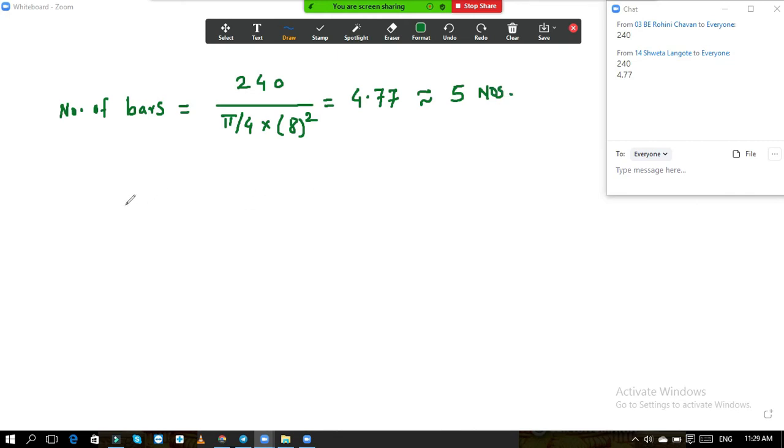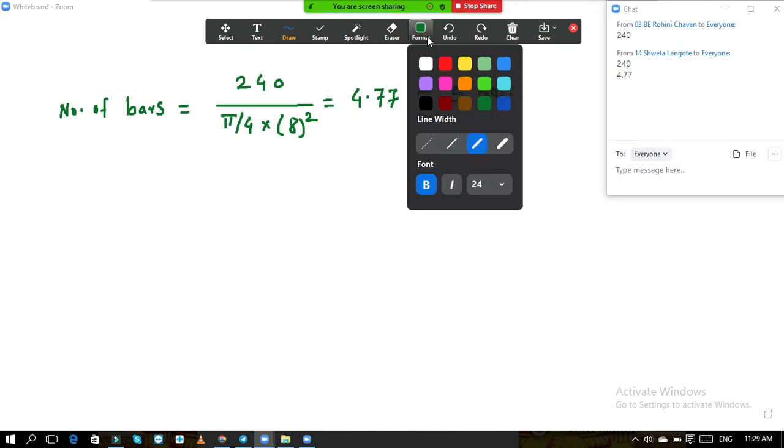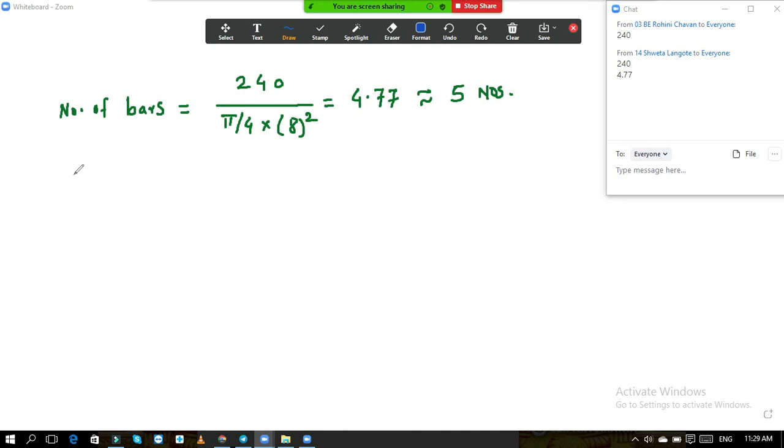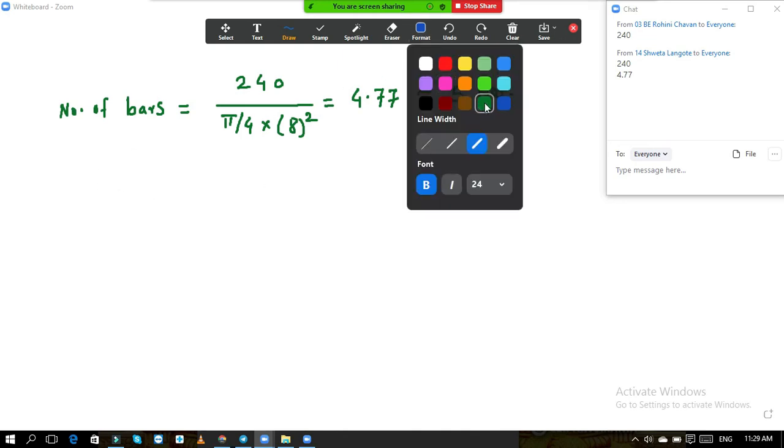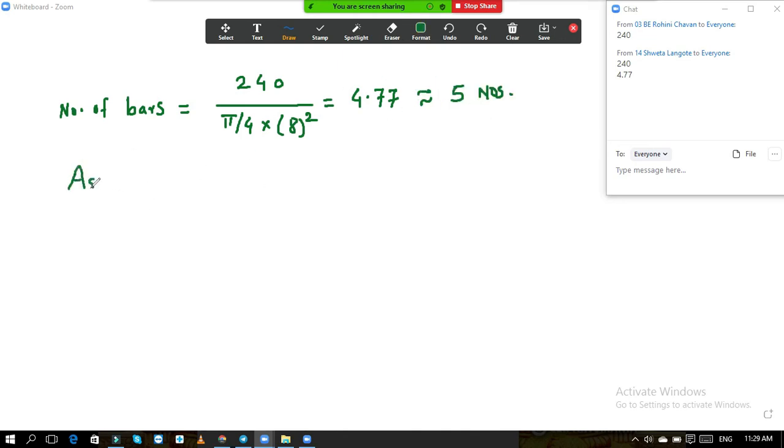Now we will calculate the Ast,D provided. How do we calculate that? Ast,D provided is equal to 5 into pi by 4 into 8 square.